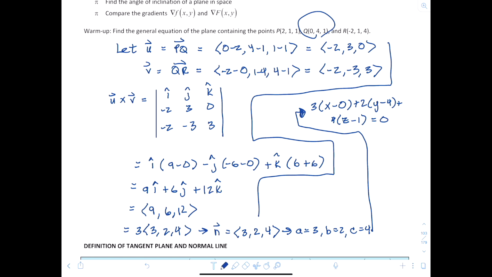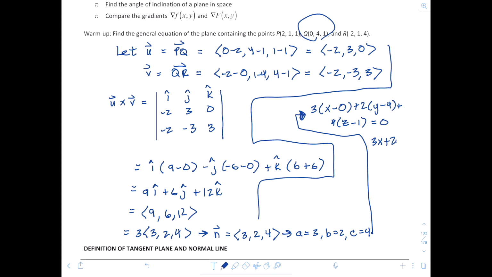So that would be standard form, right? That'll give us 3x plus 2y minus 8 plus 4z minus 4 is 0. And simplifying, we would get 3x plus 2y plus 4z equals 12. And we're done. Cool, cool?